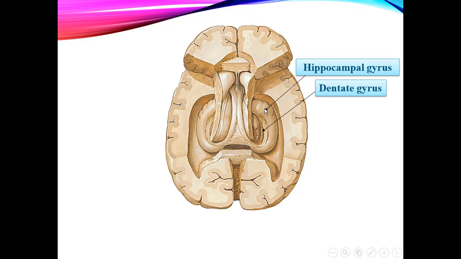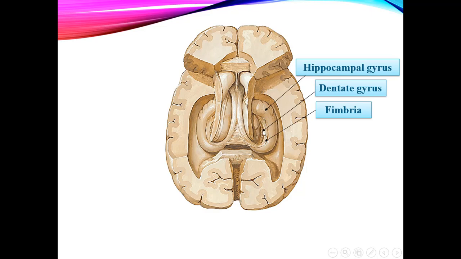The nerve fibers on the hippocampal gyrus converge to form a structure named fimbria. This structure is the fimbria, which is formed from nerve fibers, from axons. Each hemisphere has one fimbria.